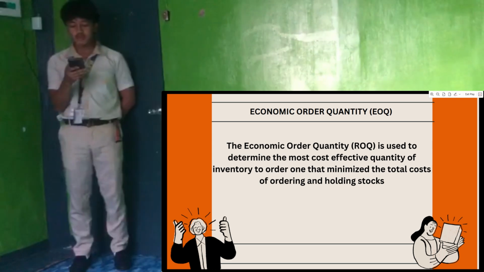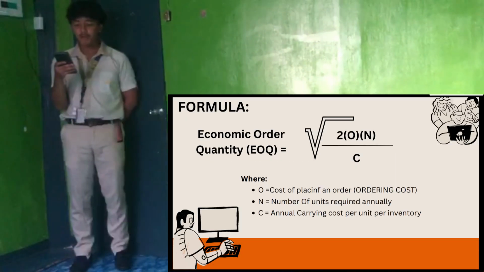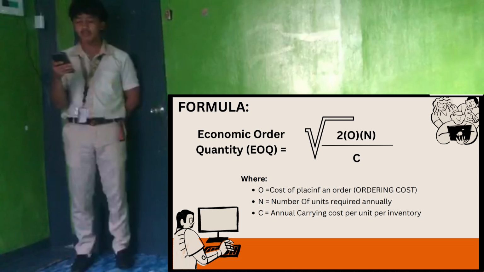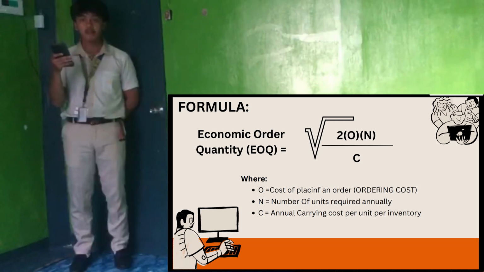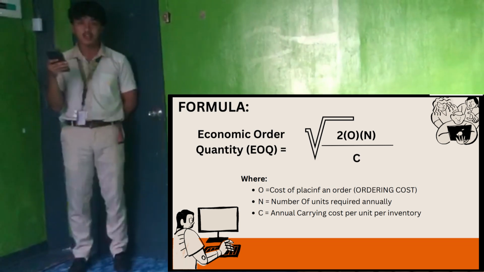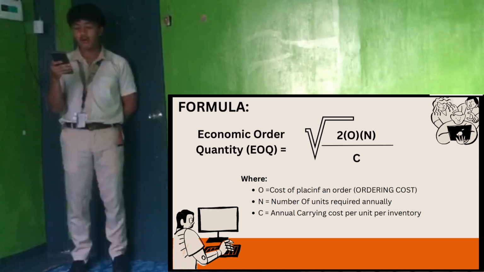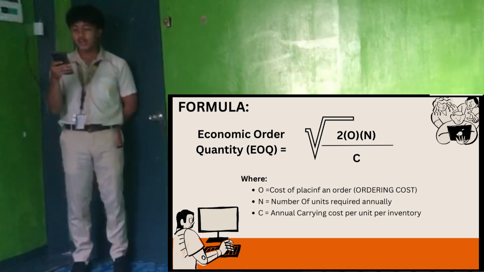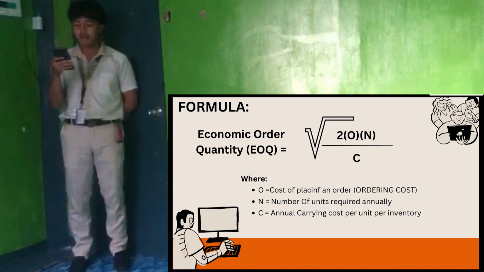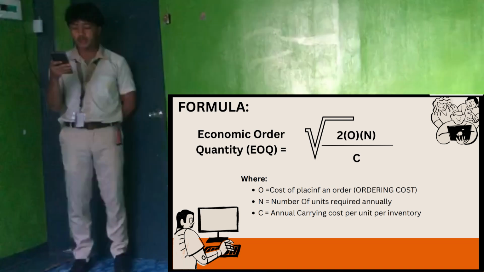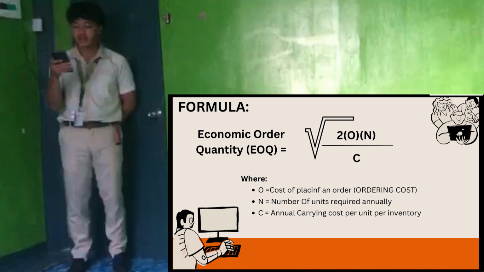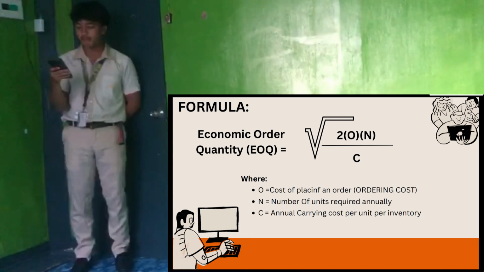So here's the formula of EOQ: the square root of 2 times O times N divided by C, where O is the cost of placing an order, N is the number of units required annually, and C is the annual carrying cost per unit of inventory.